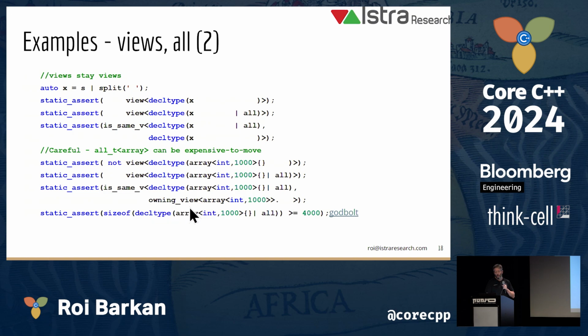And that owning view looks like it's a view, but we know that an owning view that holds inside it 4,000 bytes or more will not be cheap to move. So it's a view, but it's not really cheap to move. I'm not sure if it's even defined behavior to use this as a view inside the ranges library. So be careful about arrays.